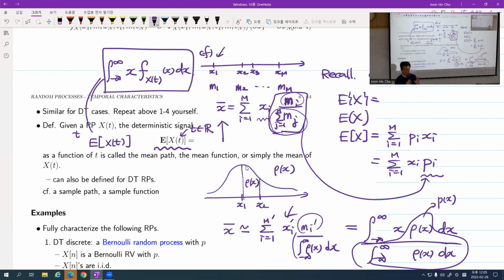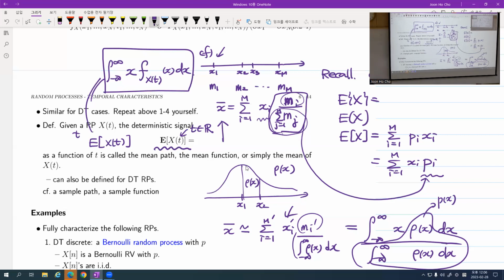Got it? Now, what is that, by the way? After you compute this one, what do you have? You have a number parameterized by t, because if you change t, this first order density may differ, right? If you change it from t0 to t1, it could be different. Then what? You have a scalar parameterized by t. What is that? A function of t.